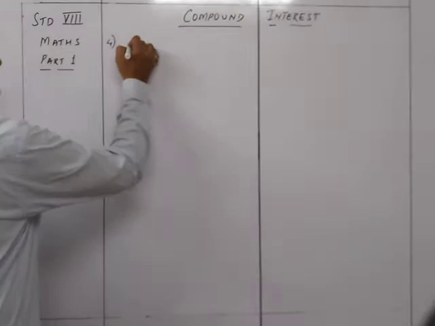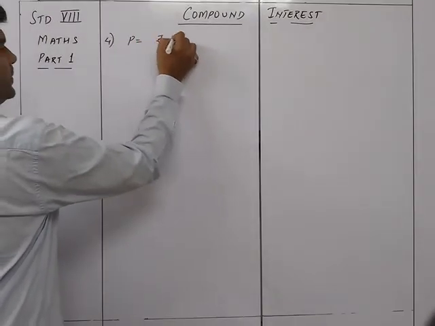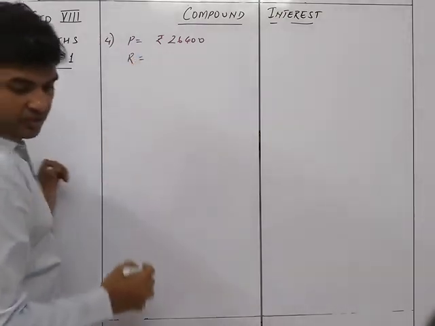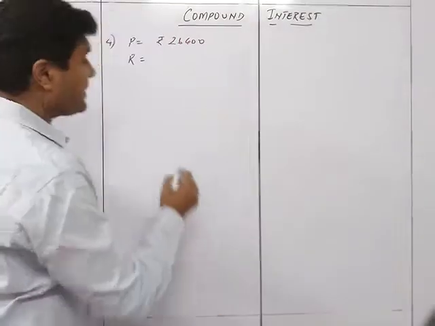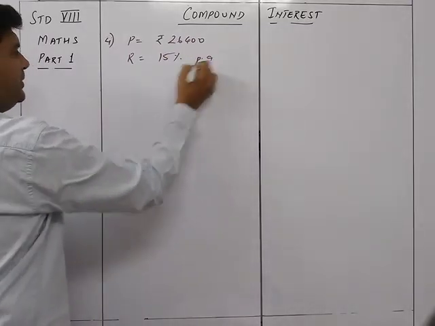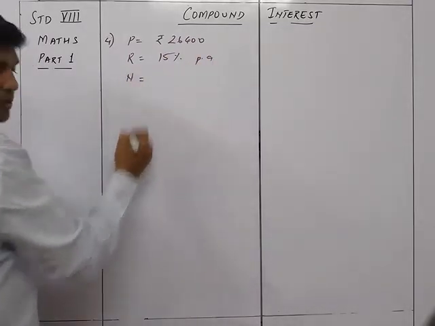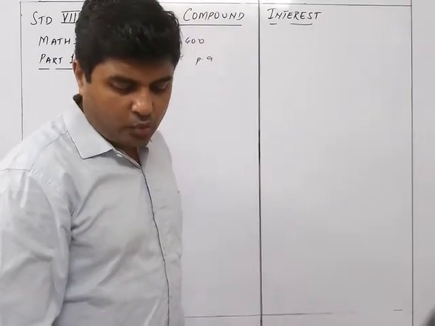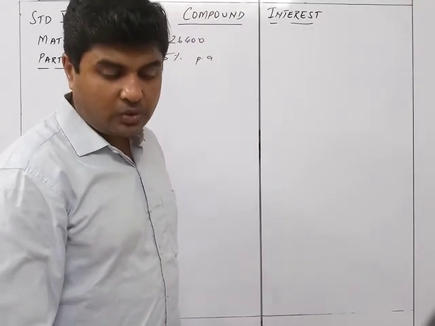So the principal is given to you as rupees 26,400. The rate of interest is 15% per annum compounded yearly, so we don't need to write anything per annum. And then the number of years she is going to take it for. What amount will she pay at the end of 2 years and 4 months to clear the loan?